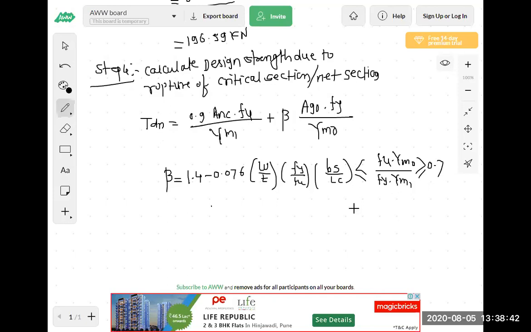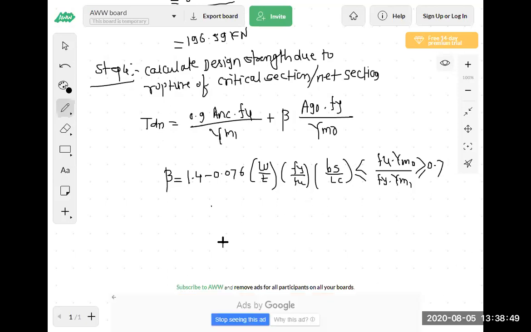This is the formula for beta. Please write down, everyone, or you can refer to page number 33 of the IS code. The formula of beta is given.